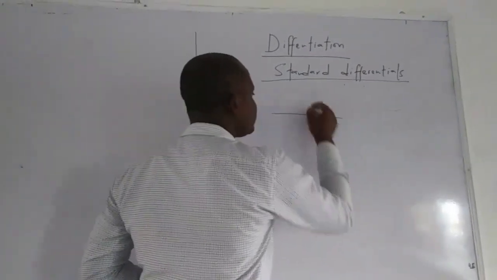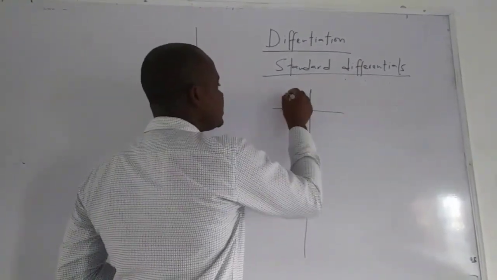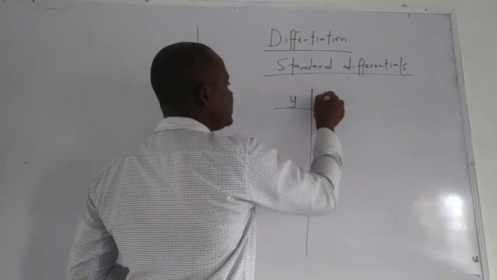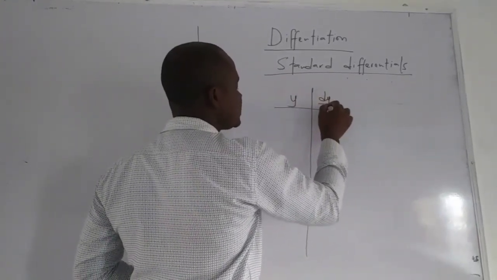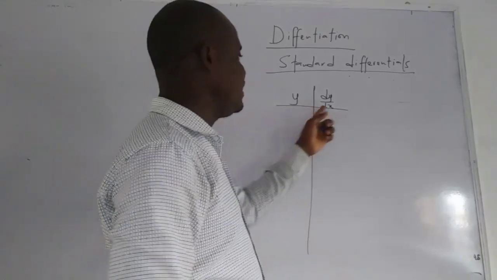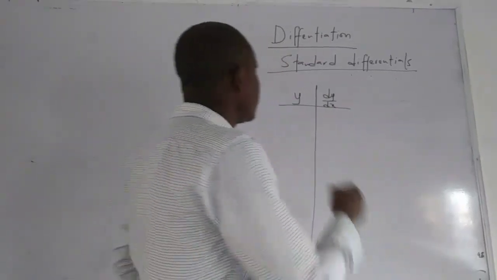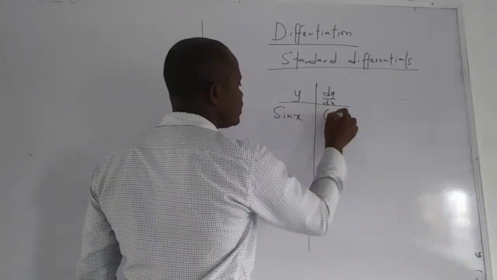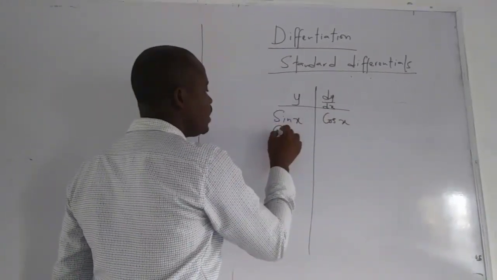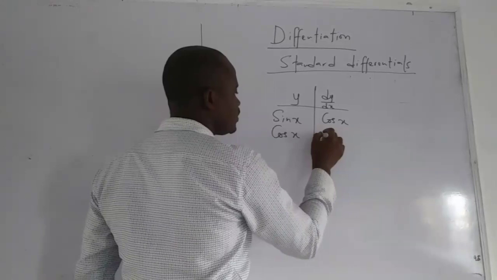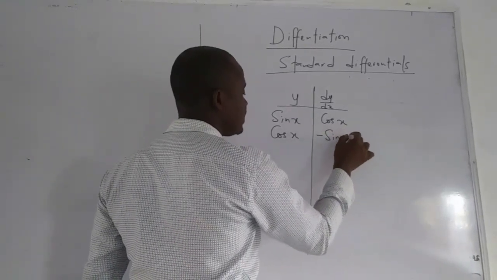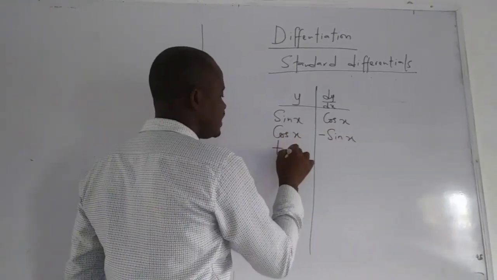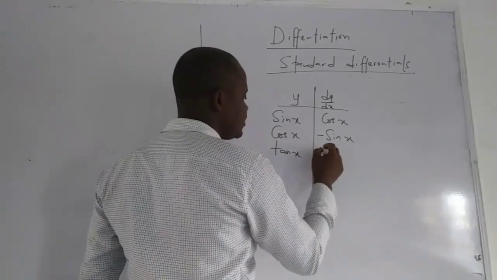Now, right here, you have something like this. If this is y, and this is dy over dx, dy over dx is a differentiated function. So, this is sine x. Sine x is what? Cos x. Now, when you have cos x is what? Minus sine x. When you have tan x is what?